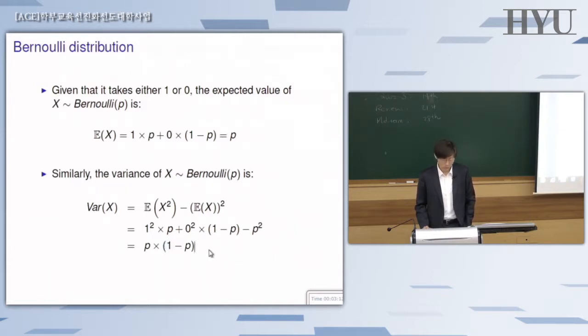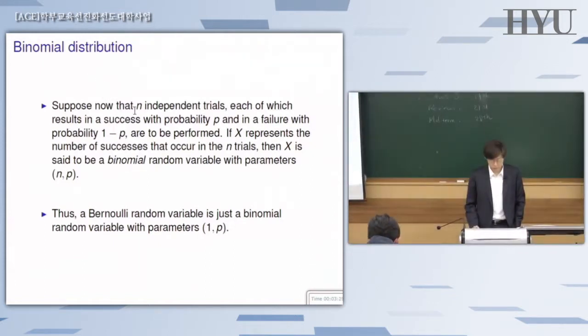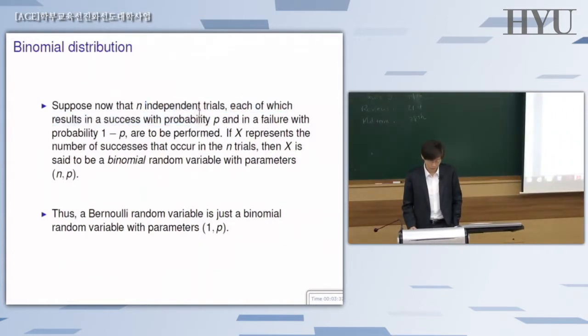In relation to this Bernoulli, we can easily extend the idea to the case of binomial distribution or binomial random variable. You just repeat the same type of Bernoulli random variable, Bernoulli event, n different times, but still independent trials. So it's the same Bernoulli, but you just keep repeating them until you finish all those n trials.